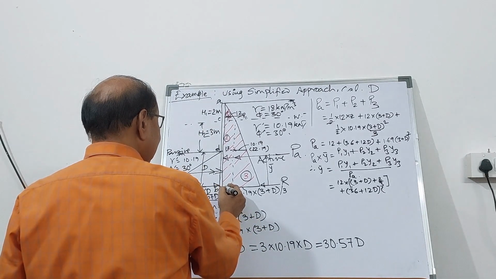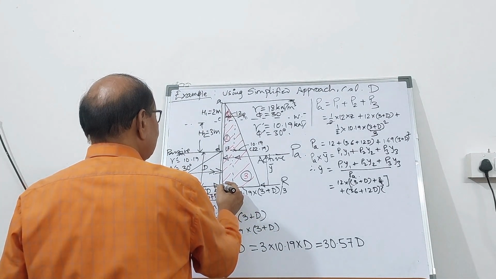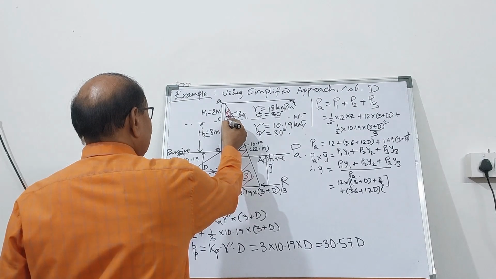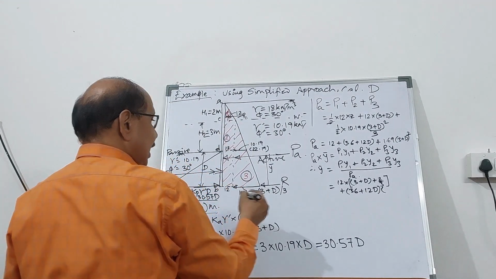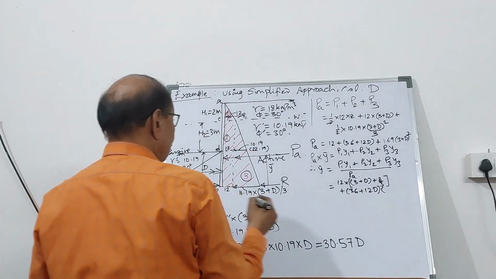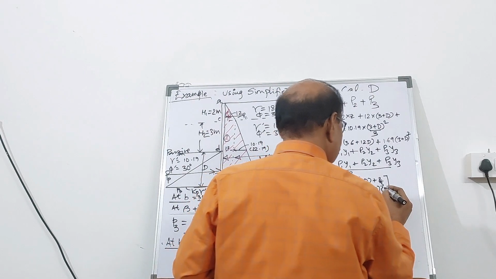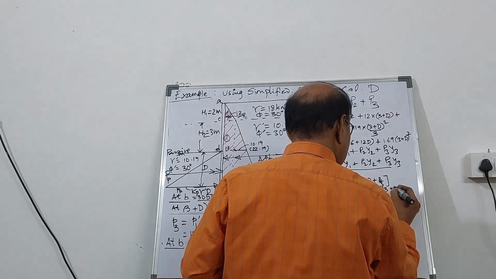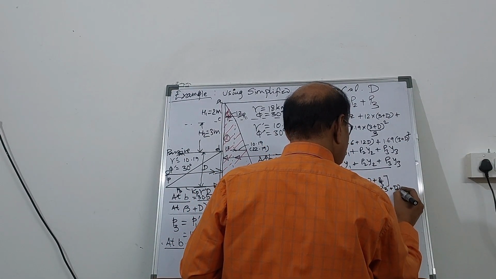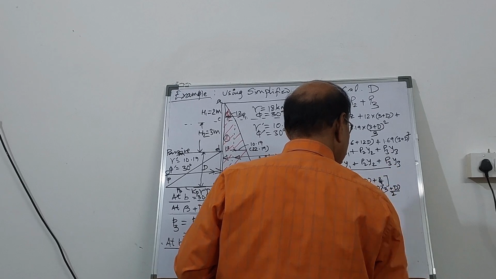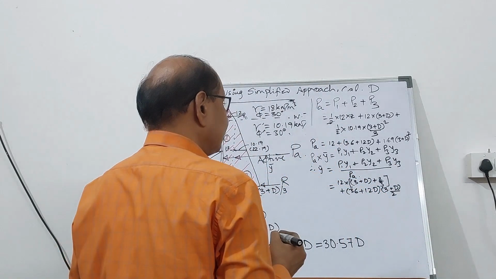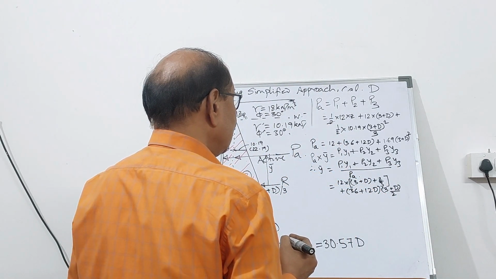Y2 from here is going to be 3 plus D by 2. So it will be 3 plus D by 2. So this will be y2.